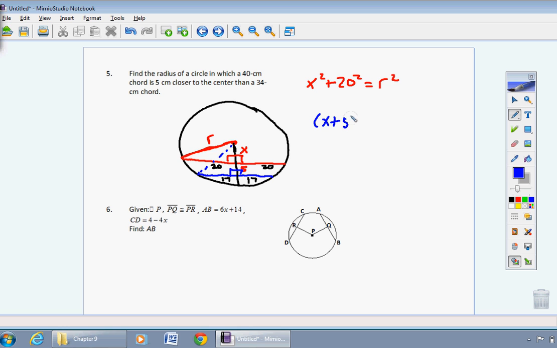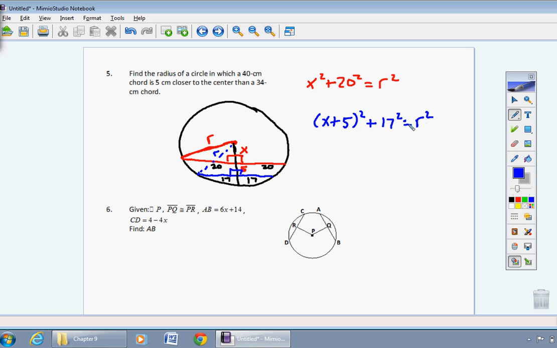So I have x plus 5 squared plus 17 squared is equal to, again, this is a radius, so you could also call that r, is equal to r squared.